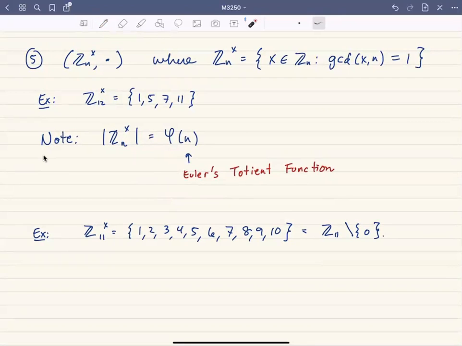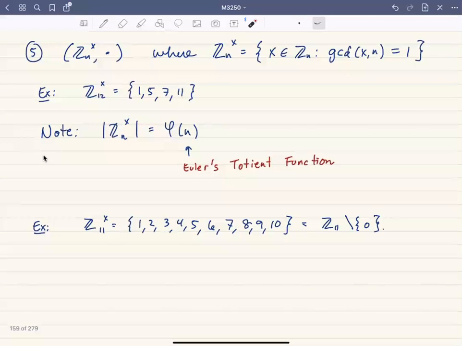Okay, if you look at the group Z11 and you look at the multiplicative group, this is going to be everything but 0. So it turns out that here the X, the times symbol, and the star would be the same thing. If you just remove 0, you get the multiplicative group, or what's called the multiplicative subgroup. Again, I want to avoid too much jargon here. But the reason why everything from 1 through 10 is relatively prime with 11 is because 11 is prime.